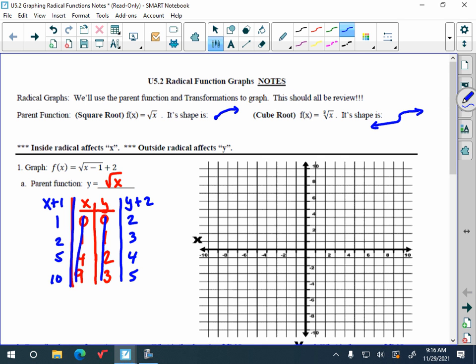So then we have our new x and y values that we can plot. So (1, 2), (2, 3), (5, 4), and then if you wanted to use that (10, 5), you can also.